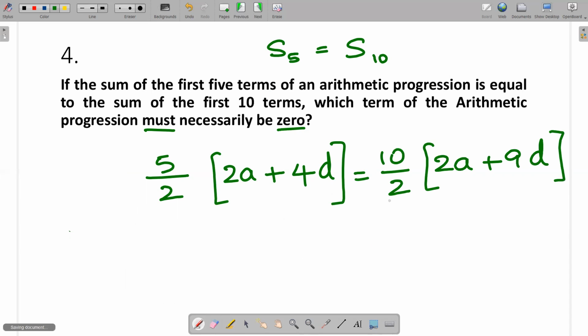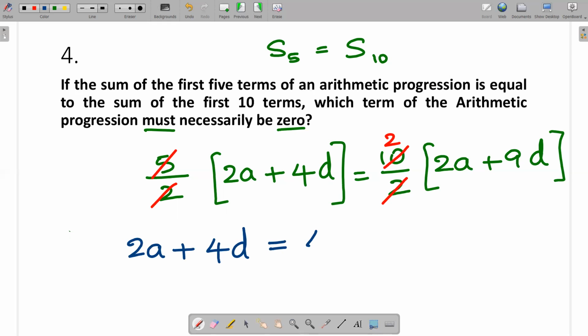Now, I can cancel 2, and 5 goes here 2 times. Thus, I have 2a plus 4d equal to 4a plus 18d. I am bringing this 2 inside the bracket, so that corresponds to 4a plus 18d.